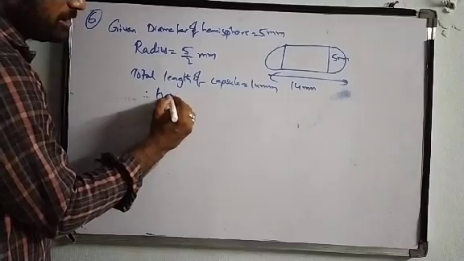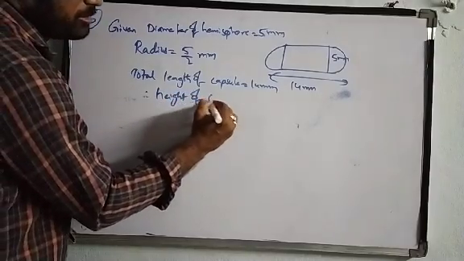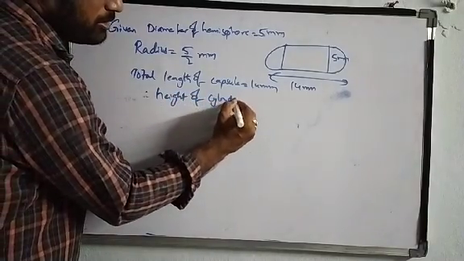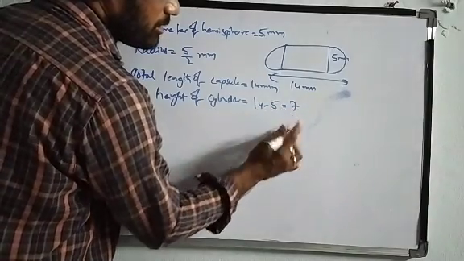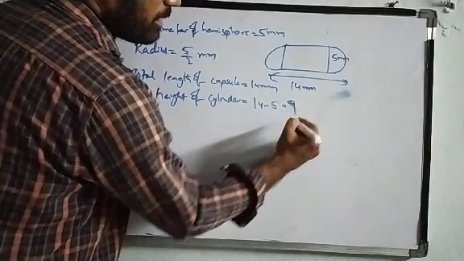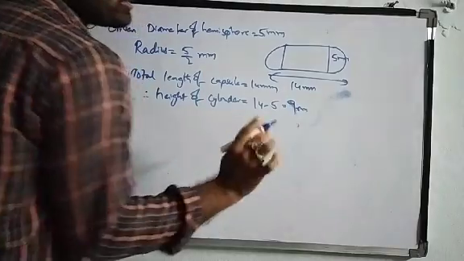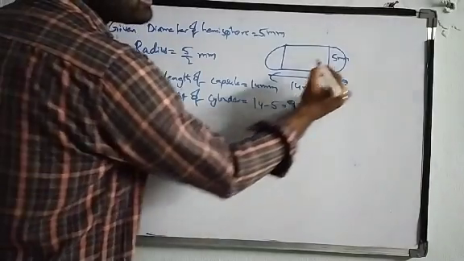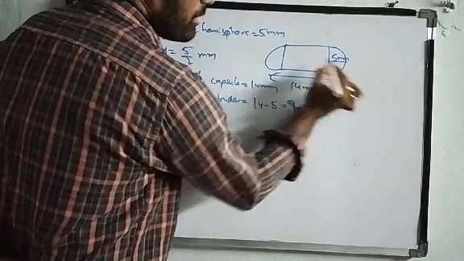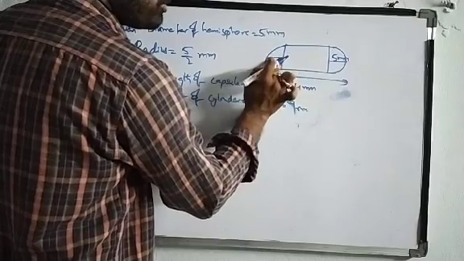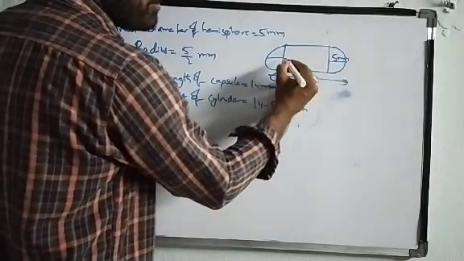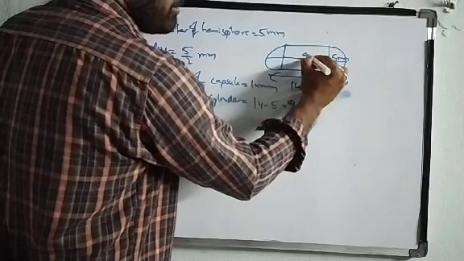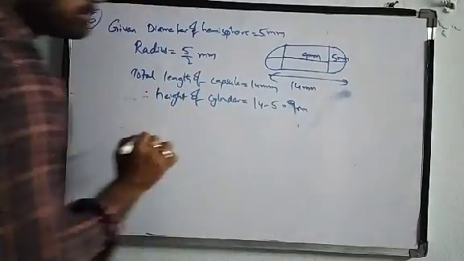Therefore, the height of the cylinder is 14 minus 5, which is 9 millimeters. Look here, why I am removing 5: 2.5 reduces on this side and 2.5 on this side, total 5 millimeters I need to subtract from 14. So from here to here it will be 9 millimeters. So the height of the cylinder is 9.